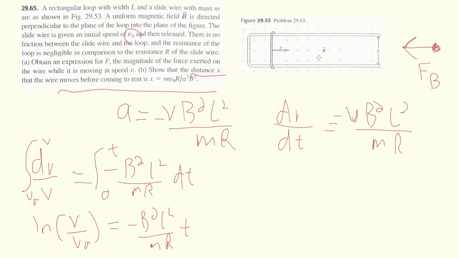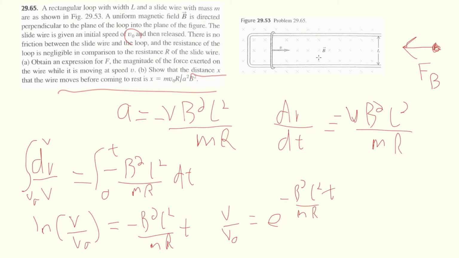Okay. We're going to take e to the each side to get rid of that ln, and we're going to have an expression that says V over V naught equals e to all that stuff, negative B squared L squared over MR times T. Okay.